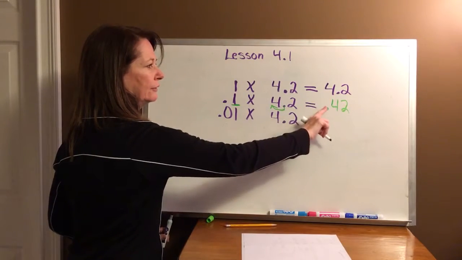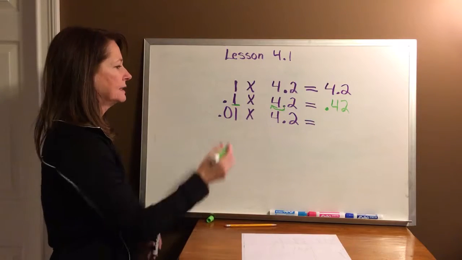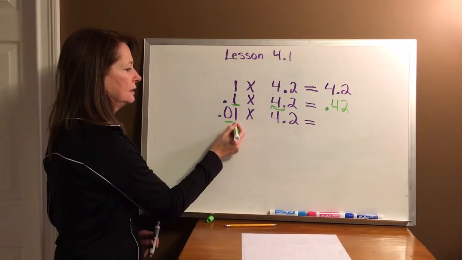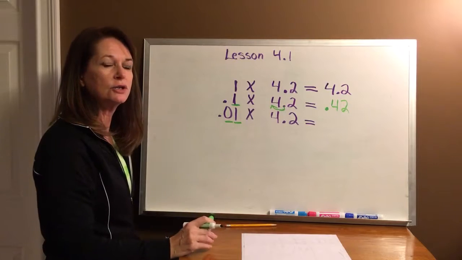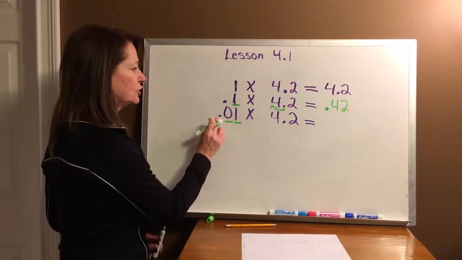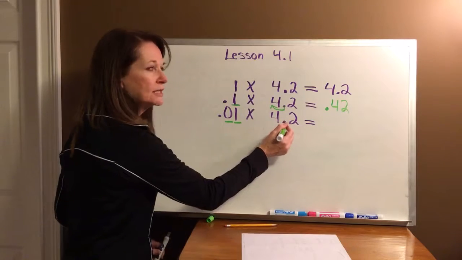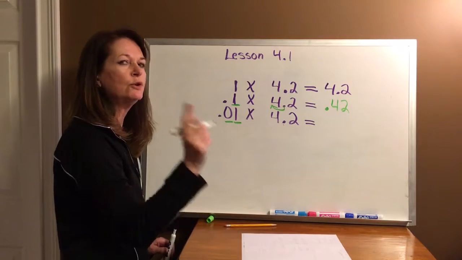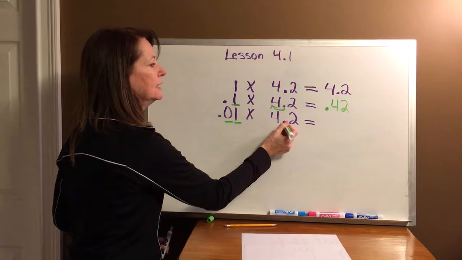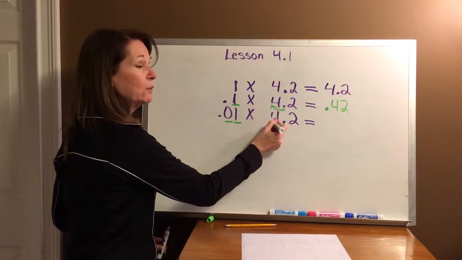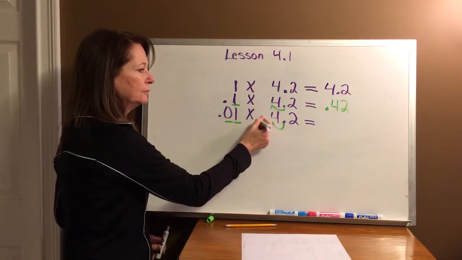See the pattern? All right, let's count this one. 1, 2 digits to the right of the decimal. So start with your decimal point and move your decimal point. That's what we're doing, we're moving the decimal point. 1, 2.